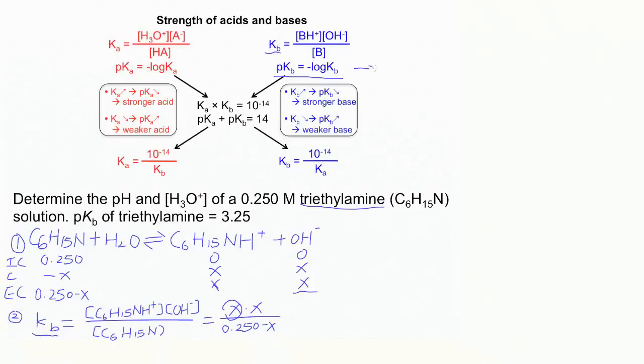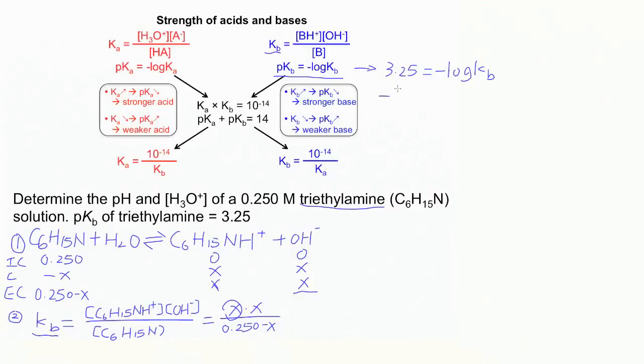So let me use this equation to do the calculation of the Kb. 3.25, the pKb value, equals negative logarithm of Kb. How do we get rid of the negative logarithm sign and find out the Kb value?